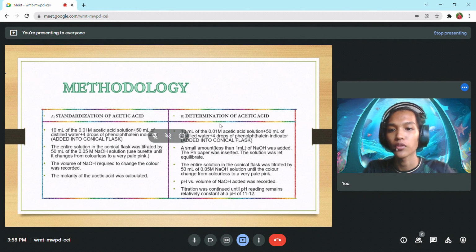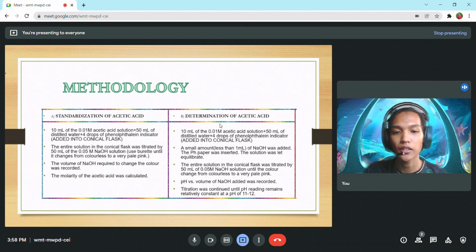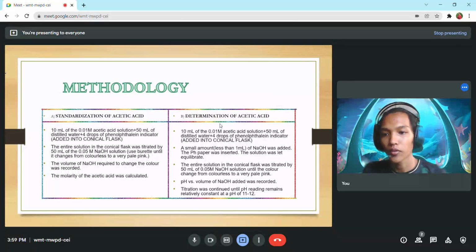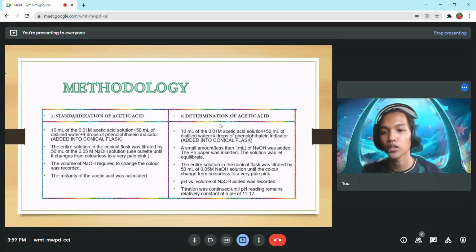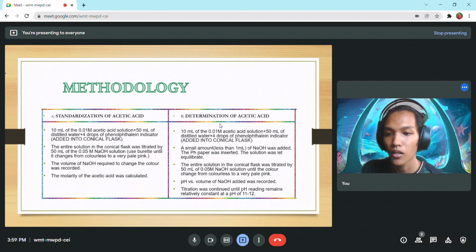Okay, for the methodology part. Part A, standardization of acetic acid, and part B, determination of acetic acid. For part A, 10 milliliters of 0.01 mol acetic acid solution was added into a conical flask, followed by 50 milliliters of distilled water and 4 drops of phenolphthalein indicator.